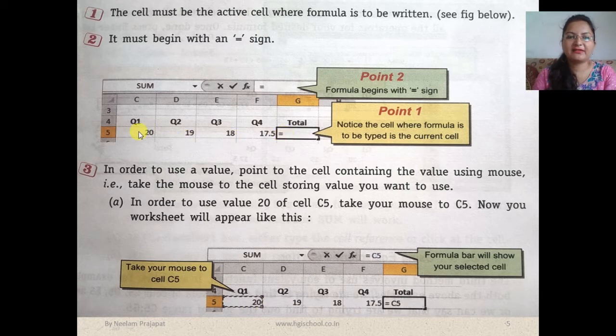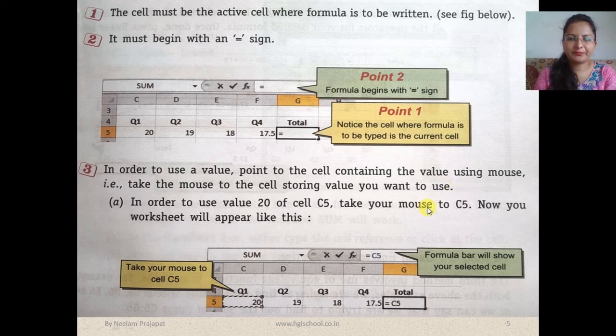You can see there are the 4 values. Okay, quarter 1, quarter 2, quarter 3 and quarter 4, and in total we have to find the total of all 4. Okay, so we will select the cell, then we will write equal to inside it. Okay, then after that, in order to use a value, point to the cell containing the value using mouse, that is, take the mouse to the cell storing value you want to use.